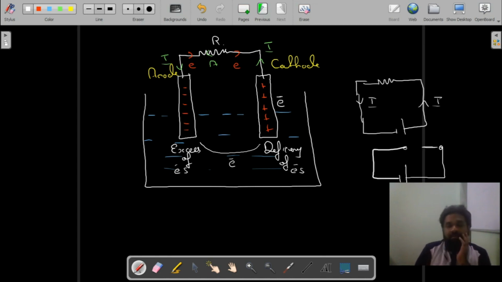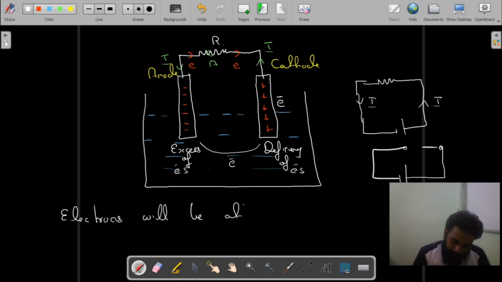So when the electrons come to the cathode, how will they go to the anode? Electrons will be attracted to positively charged particles. The cathode is positive, so electrons will be attracted to the cathode.